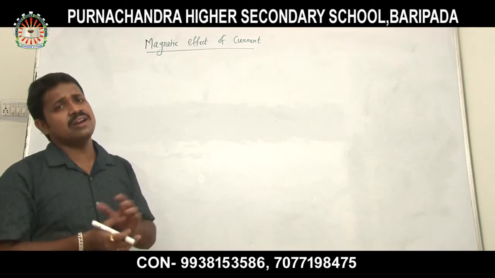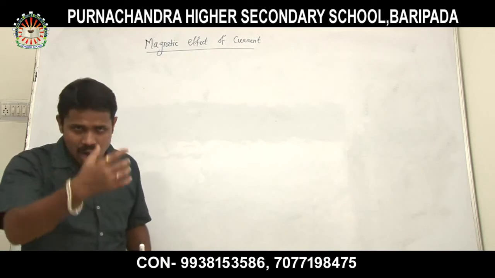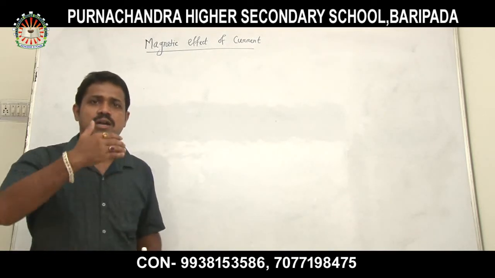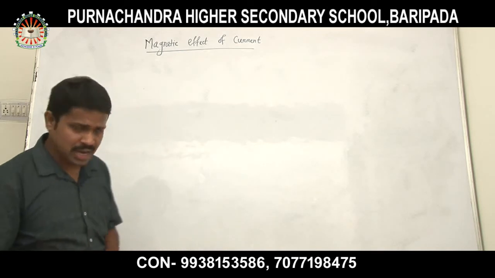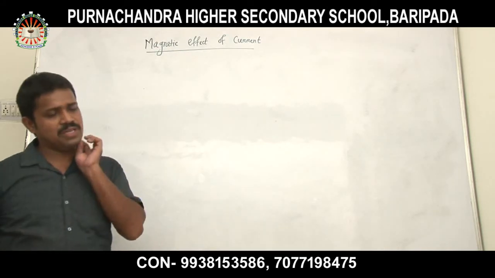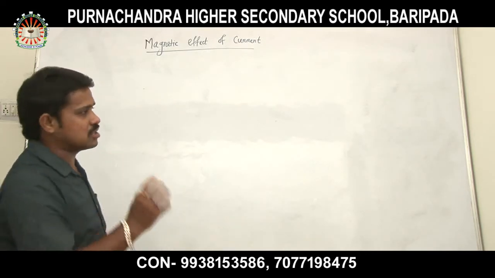Why does the magnetic field deflect? It will deflect due to a field around, or associated with, this conductor. That field is called your magnetic field. Clear? And another very important concept is there. Why is the magnetic field actually generated? Let us discuss it somehow.